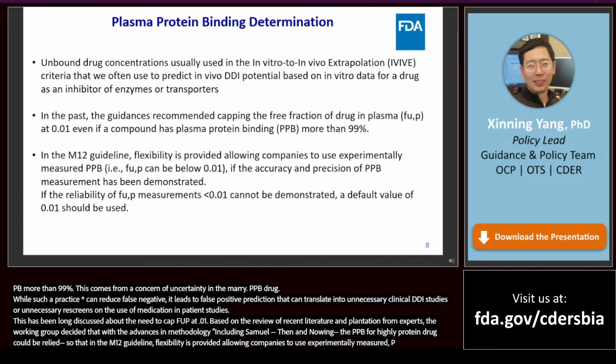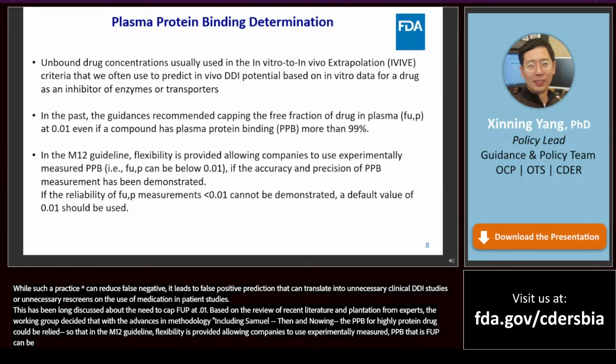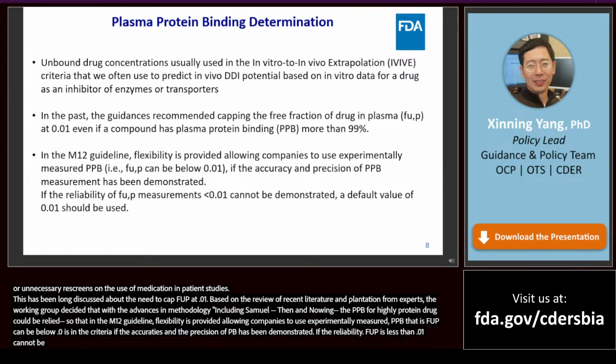That is, FUP can be below 0.01 in the IVIVE criteria if the accuracy and the precision of PPB measurement has been demonstrated. However, if the reliability of FUP measurement below 0.01 cannot be demonstrated, a default value of 0.01 should still be used.